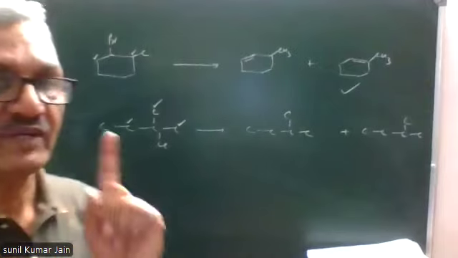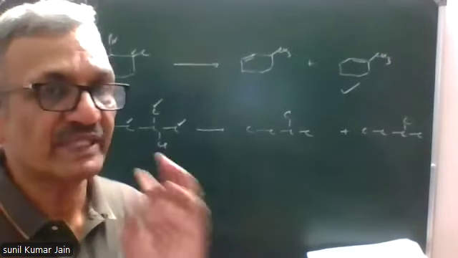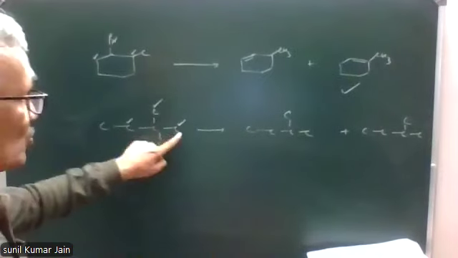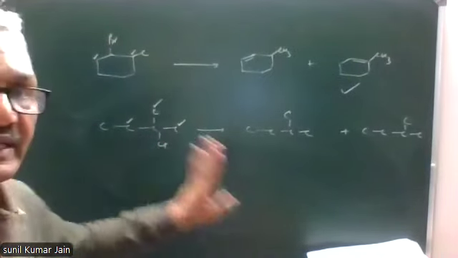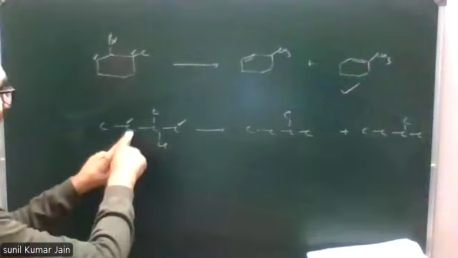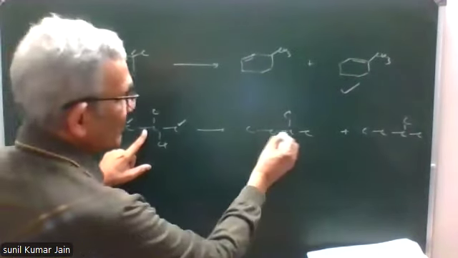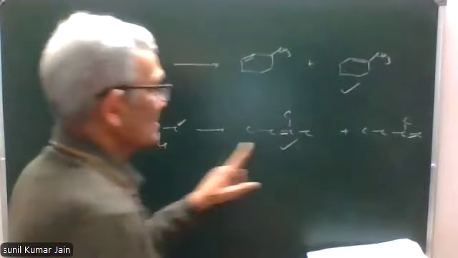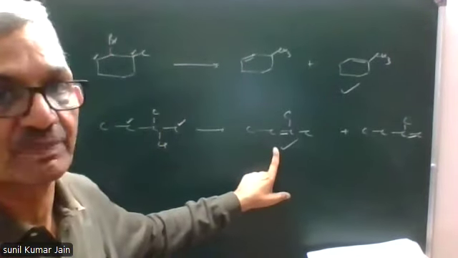These are three beta carbon atoms which carry hydrogen. But these two are equivalent. So we'll consider one of them. Let us say I consider these two. If hydrogen goes from here, double bond will come here. Second possibility, double bond comes here. This is more symmetrical and therefore major product.